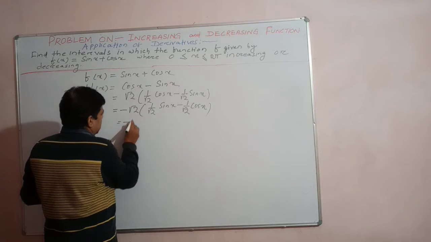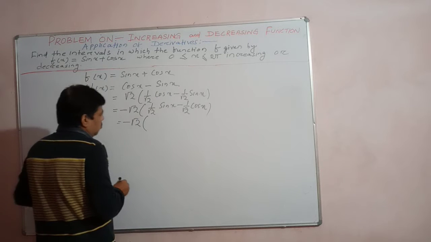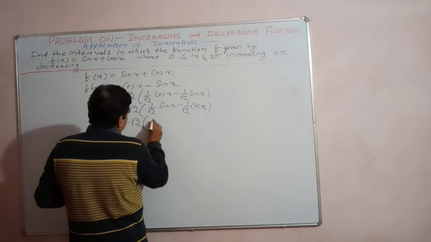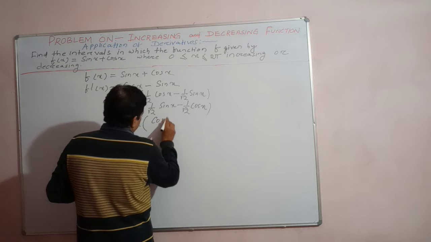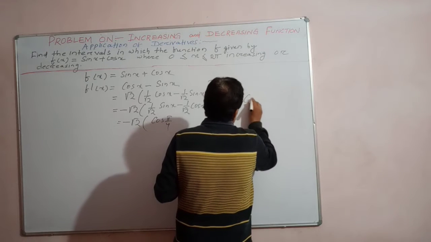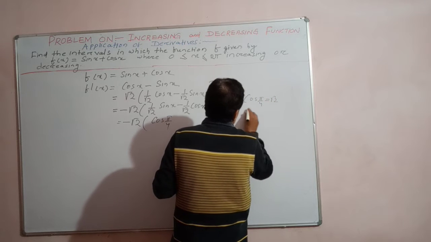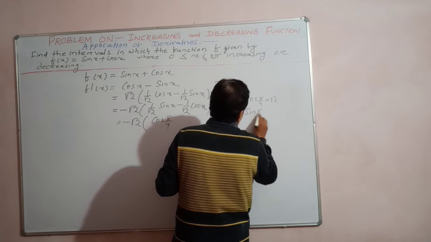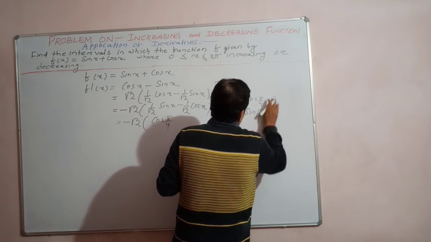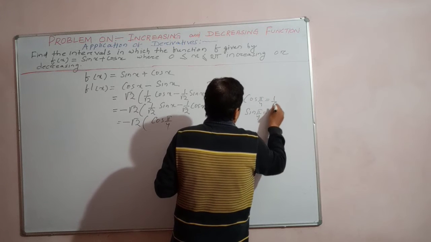So in the bracket, how can you write 1/√2? We know cos π/4 is equal to 1/√2, and also sin π/4 is 1/√2.